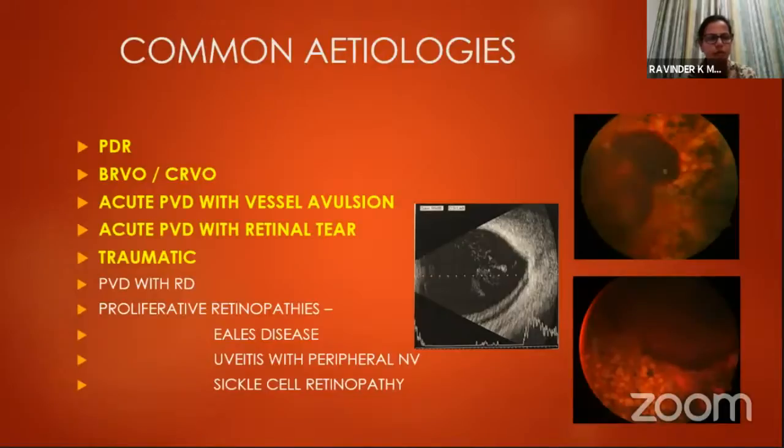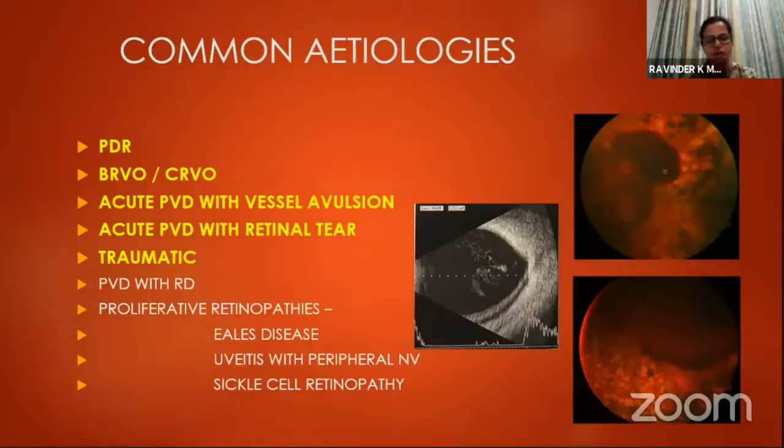Otherwise, what other etiologies can lead to vitreous hemorrhage? Generally, the most common we encounter is proliferative diabetic retinopathy, followed by vascular occlusions. And very commonly in older age, we see acute PVD with either vessel avulsion or retinal tear. Trauma, if it is there, is obvious. And uncommonly, we see proliferative retinopathies related to sickle cell retinopathy or blood dyscrasias, but very commonly in young patients, Eales' disease kind of picture is relatively common whenever we encounter vitreous hemorrhage.